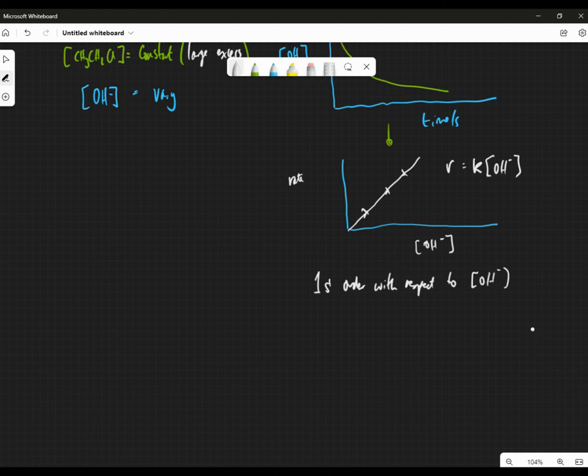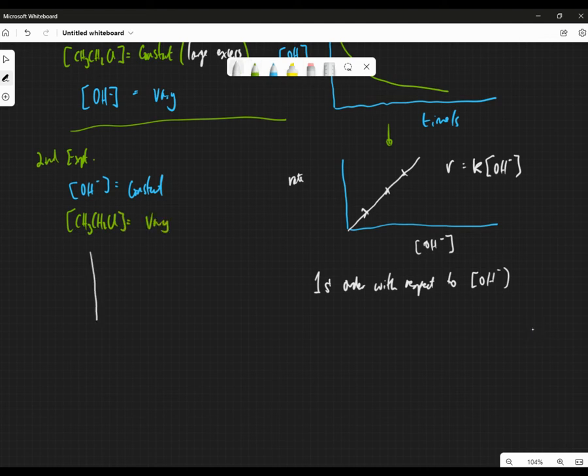Now we do exactly the same in the second experiment. We keep the concentration of hydroxide ion constant, and we change the concentration of the halogenoalkane. This can vary, and we do everything again.